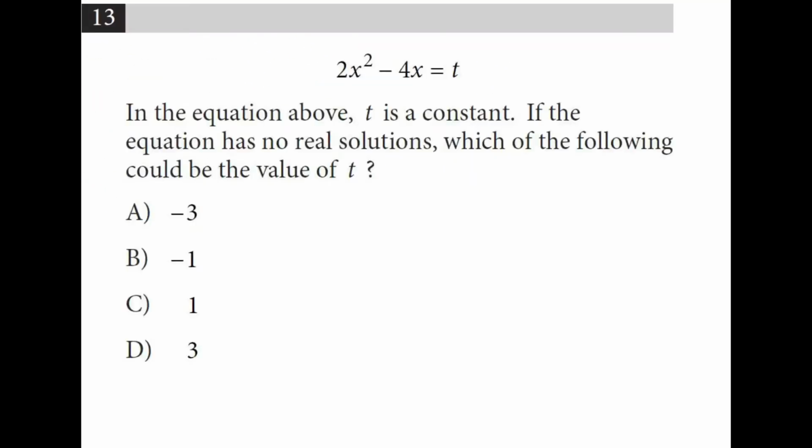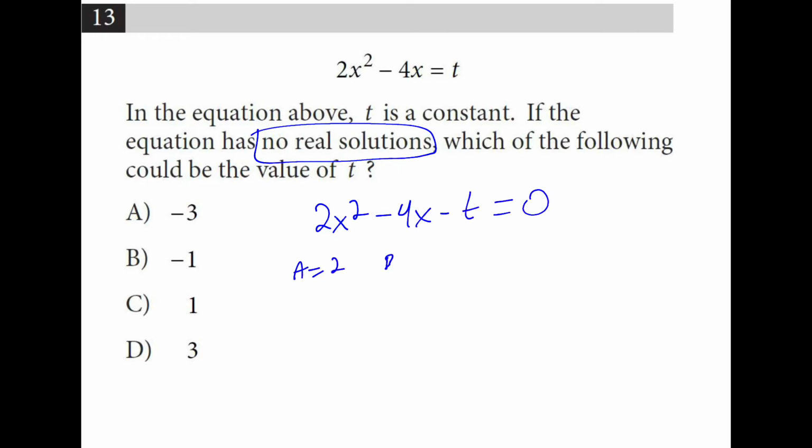T is a constant, and I want to figure out what value will make it have no real solutions. So I can subtract t from both sides, giving me 2x squared minus 4x minus t is equal to 0. A is 2, b is negative 4, c is negative t. I'll plug this into the discriminant.